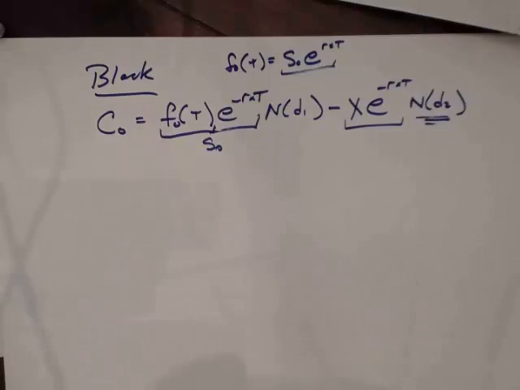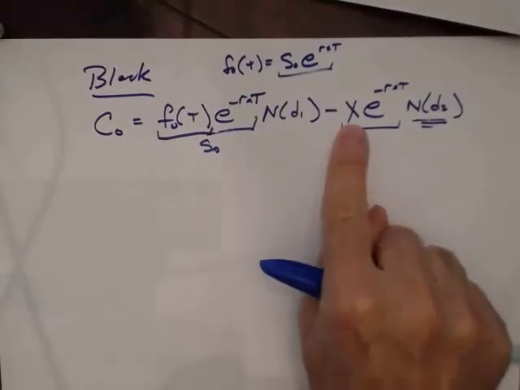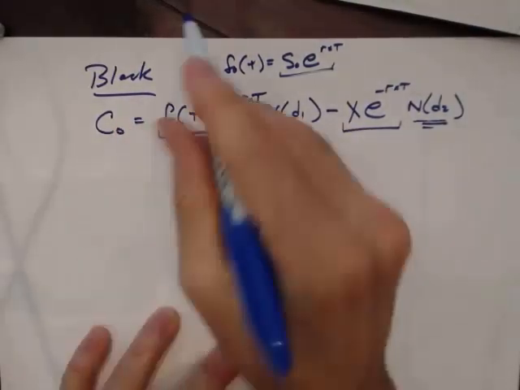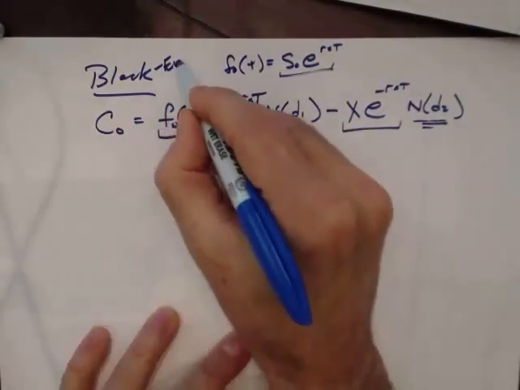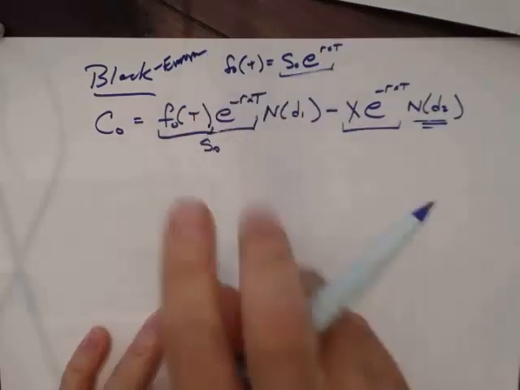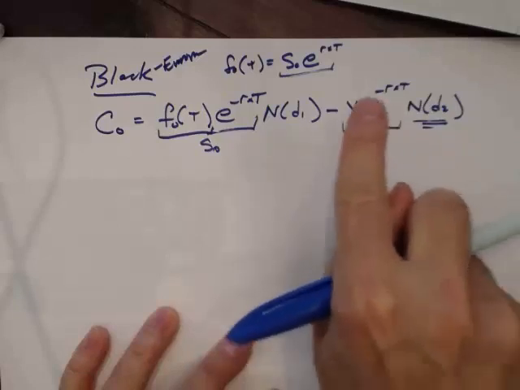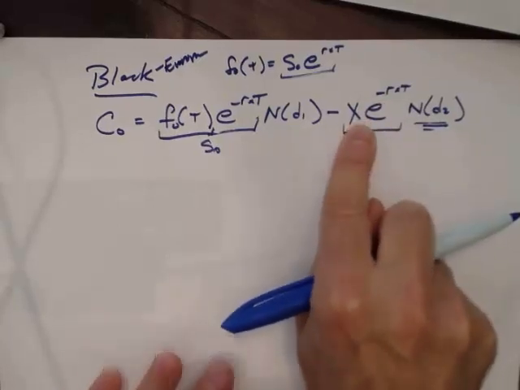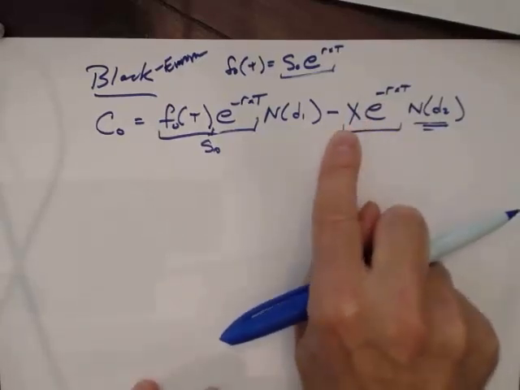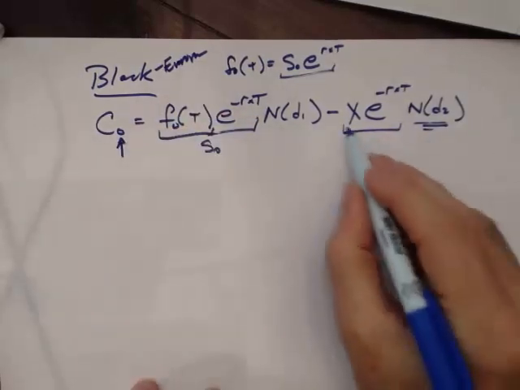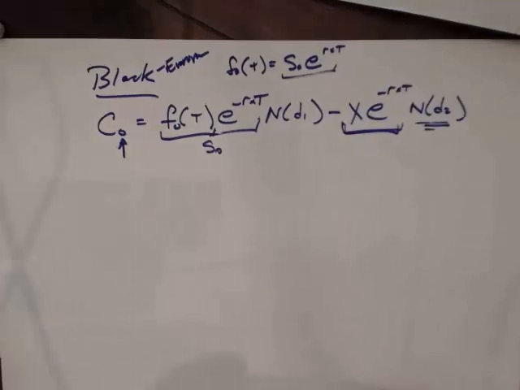So you have to eventually pay X. Now, these are for European options. So when the option expires, the futures contract expires, and you're going to have to pay X. You see what I'm saying? And so what is that worth today? Because you're valuing the option today, you need to calculate the present value.